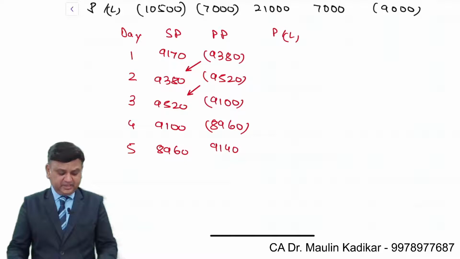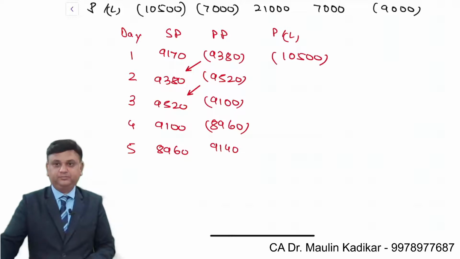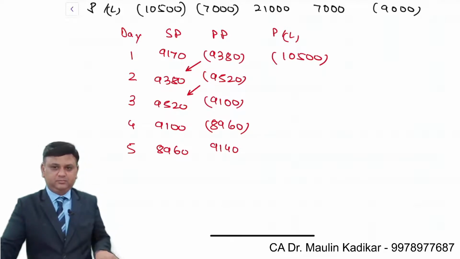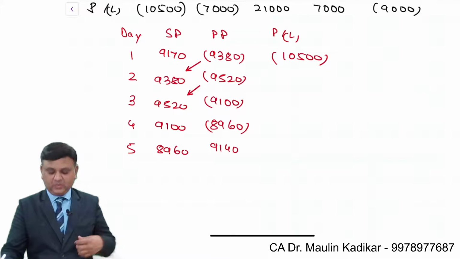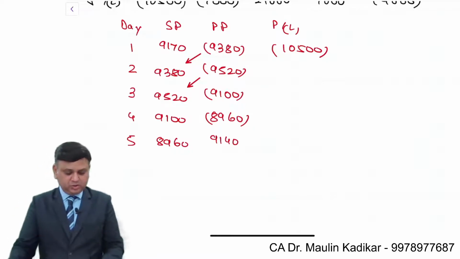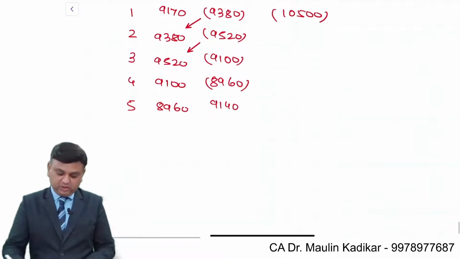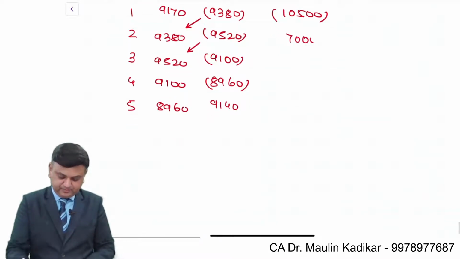So 210 into 50. So loss of 10,500. So next day what will happen, it is 9380 minus 9520. So loss of 140 into 50. So loss of 7,000.